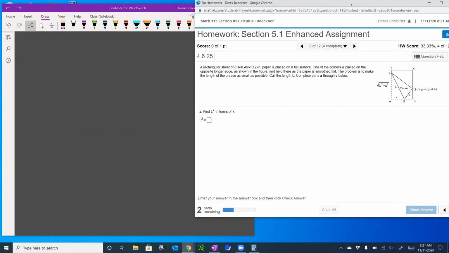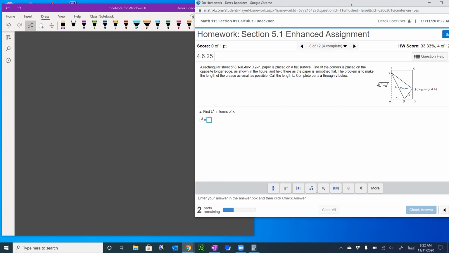One of the corners is placed to the opposite longer edge and held there as the paper is smoothed flat. The problem is to make the length of the crease as small as possible. Call L the length, and we want to find the smallest L value we can.